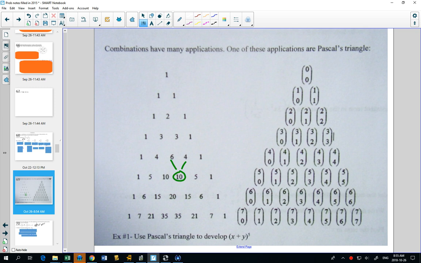Pascal's triangle is super fascinating with all the patterns that are involved in it, but one of the patterns is that every single number in Pascal's triangle relates to a combination. And those combinations relate to the coefficients in x plus y, or binomial expansions.